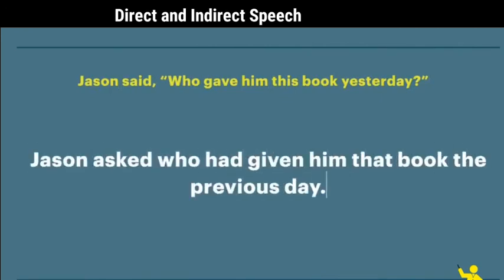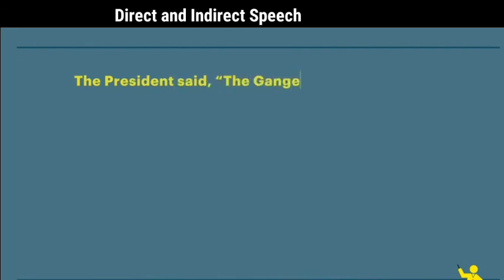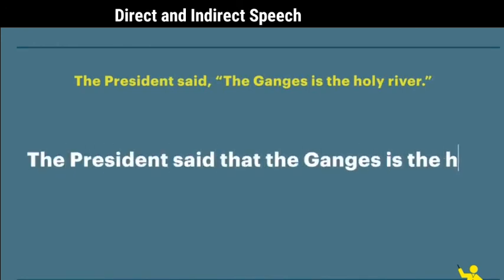So Jason asked who had given him that book the previous day. Next, the president said, "The Ganga is the holy river." Universal truth question. The president said that the Ganga is the holy river. So such sentences we are not supposed to change. So in this way, you will be able to solve such questions.